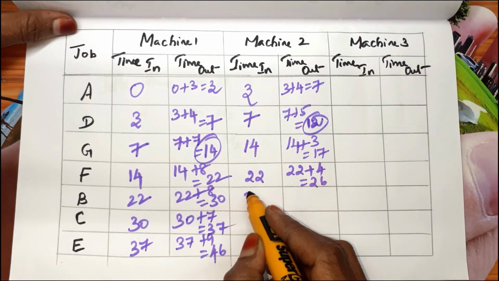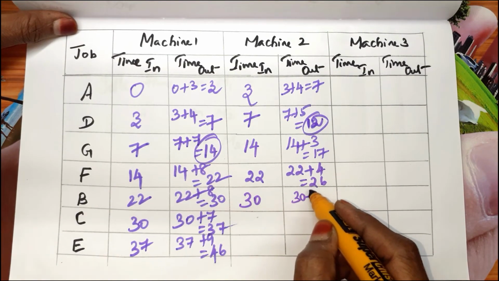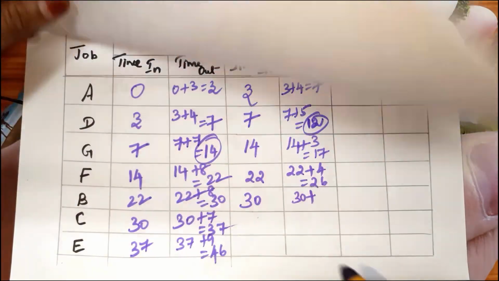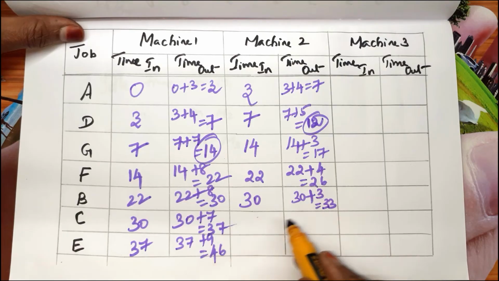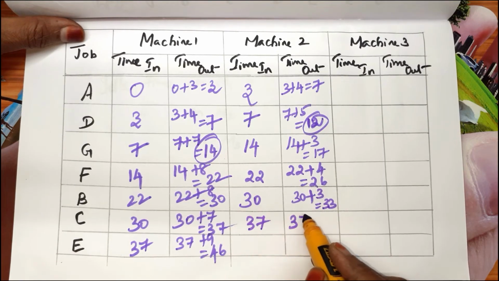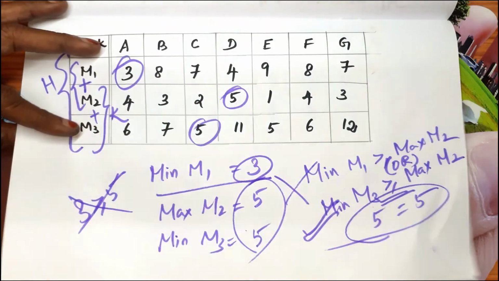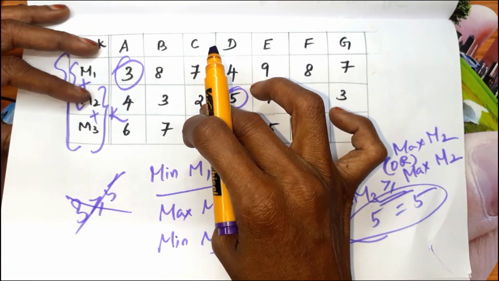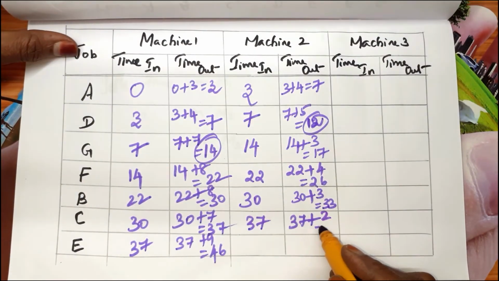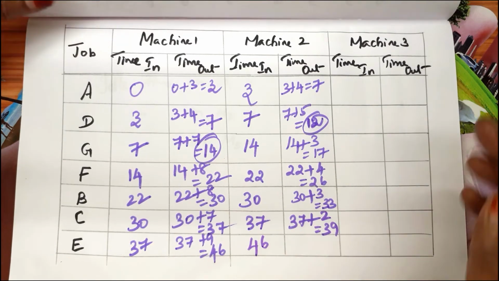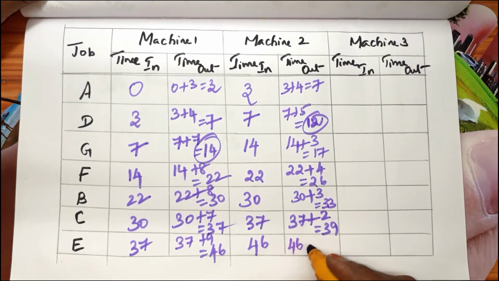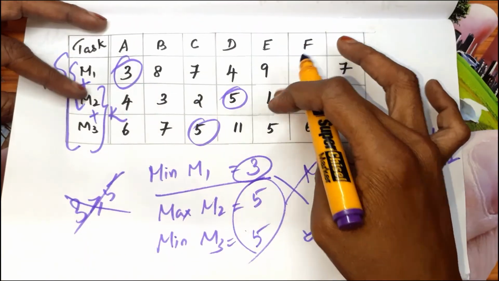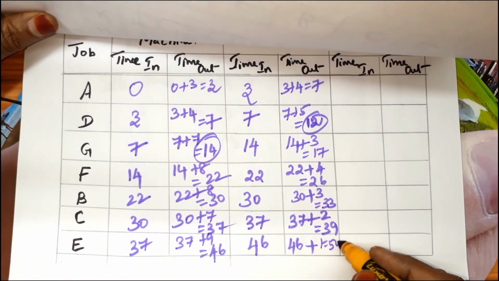Now compare these two. 30 is the maximum. 30 plus for B, 3. 33, 37. 37 is the maximum. 37 plus for C, 2. So it is 39. 39, 46. 46 is the maximum. Now 46 plus for E, 1. 50. Is it clear?